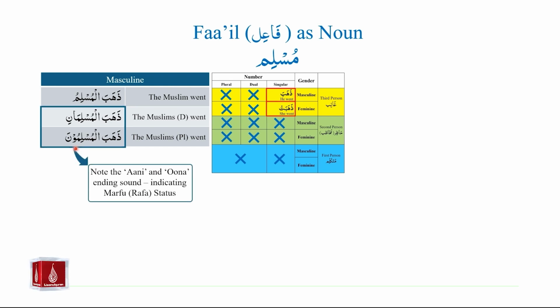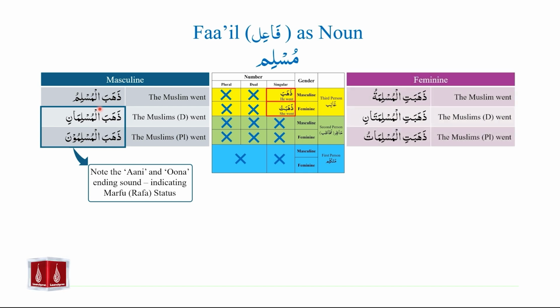Please note the ani and una ending sound. Ani ending sound in Muslimani and una ending sound in Muslimuna indicates rafa status or the marfu form of ism. Al-Muslimu, Al-Muslimani, Al-Muslimuna are all marfu because the fa'il needs to be marfu.